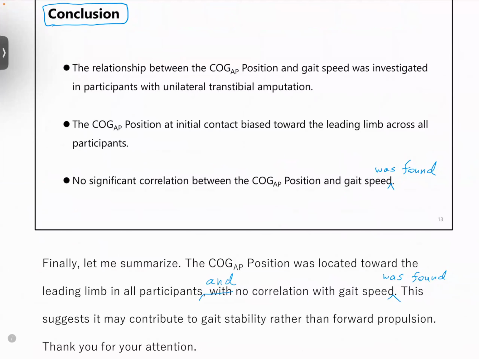This suggests it may contribute to gait stability rather than forward propulsion.